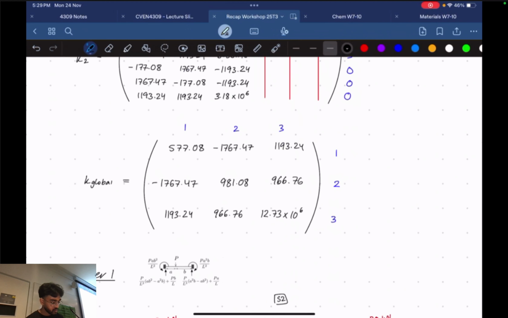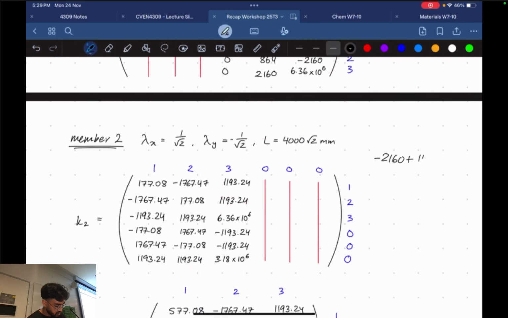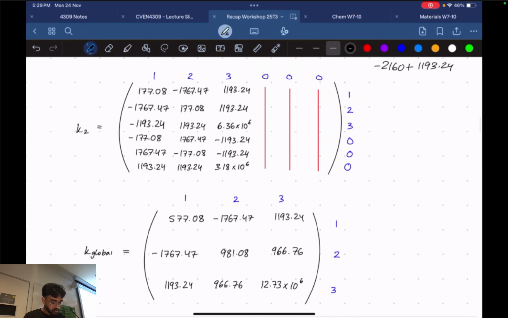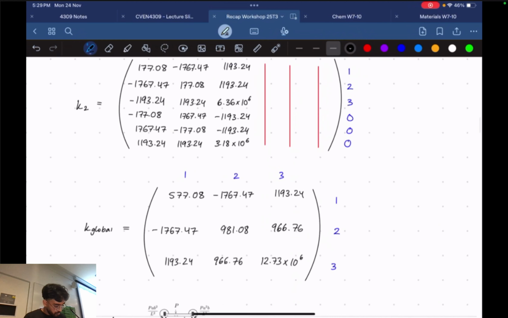So 3, 2, I get minus 2160 plus 3, 2, 1193.24. Which when I plug it in, 1193.24 minus 2160, I get minus 966.76.